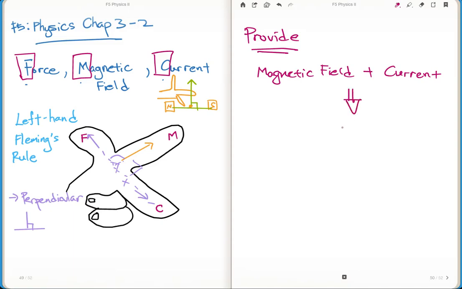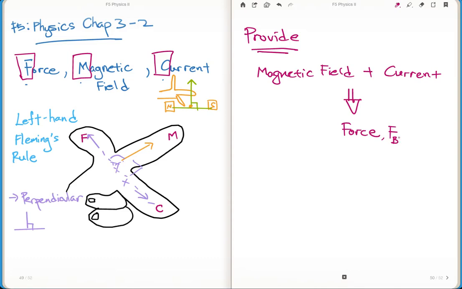You are going to get a force, and this force is called the magnetic force because this force is caused by the magnetic field, or F small b, magnetic force.